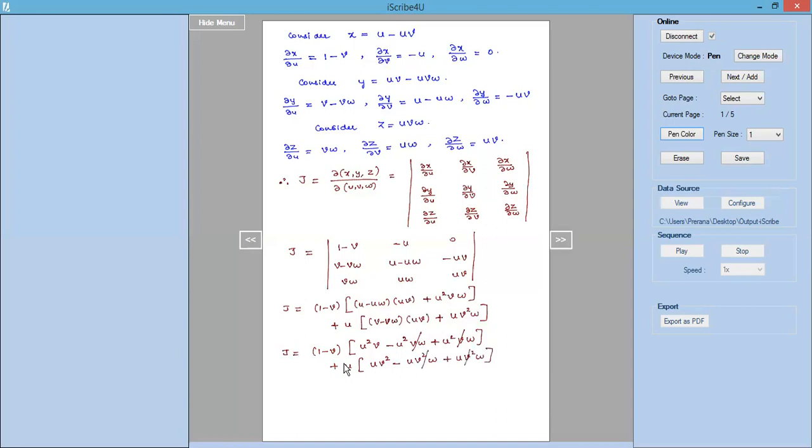So again, these two get cancelled. So we have the Jacobian J is equal to 1 minus v multiplied by u square v, plus u multiplied by uv square. So this gives us u square v minus u square v square plus u square v square. So finally, the Jacobian is u square v.